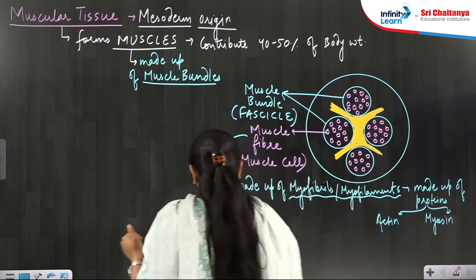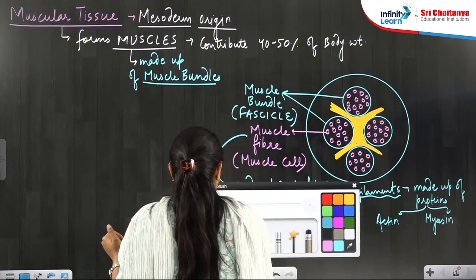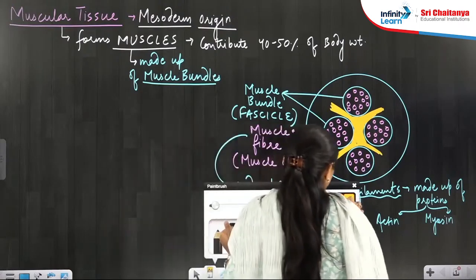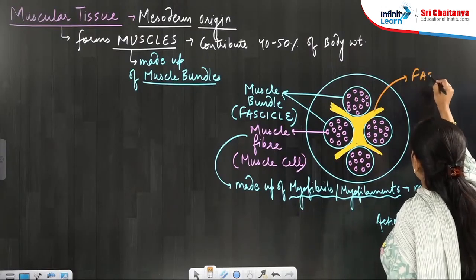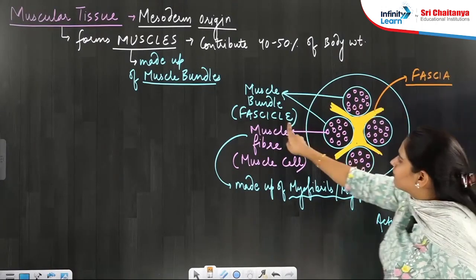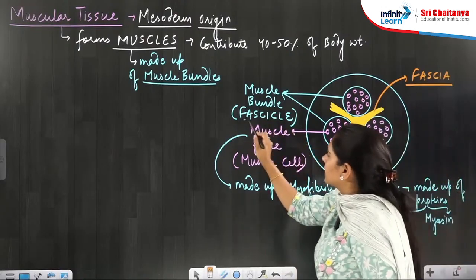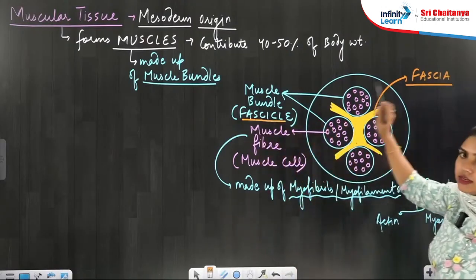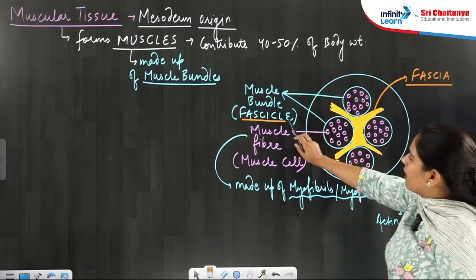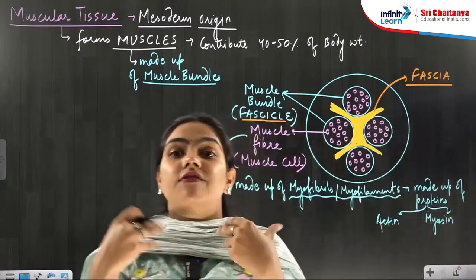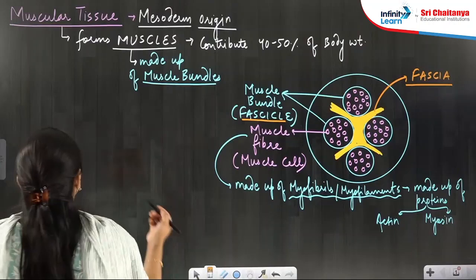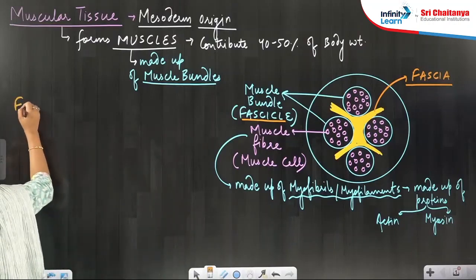So if somebody asks you what is this yellow colored one, this is fascia. And what is this fascia? Fascia holds all the fascicles together. That is why you can relate the names to each other. Fascicles are held together by fascia. So let us write what is fascia here.